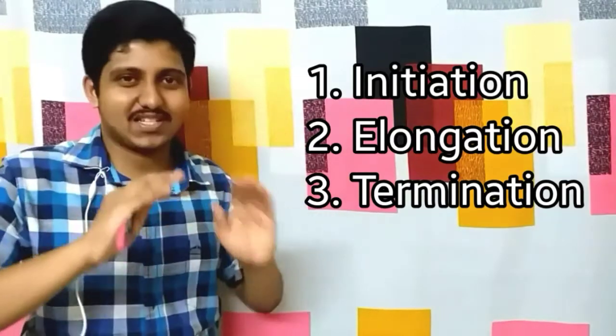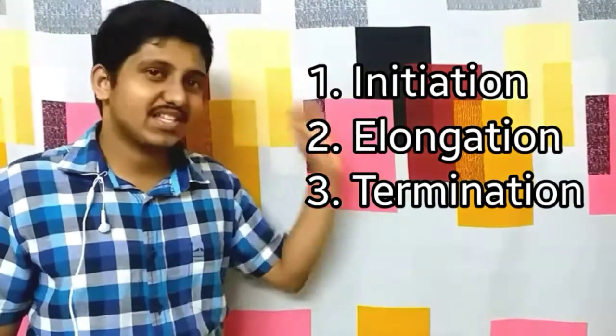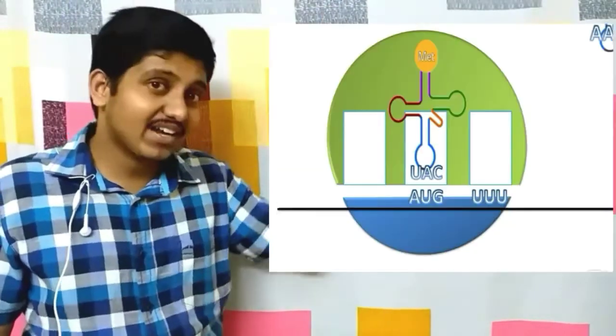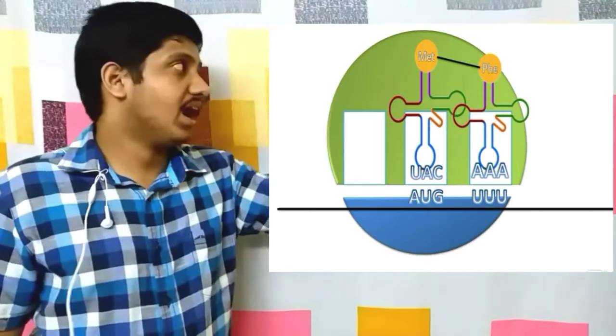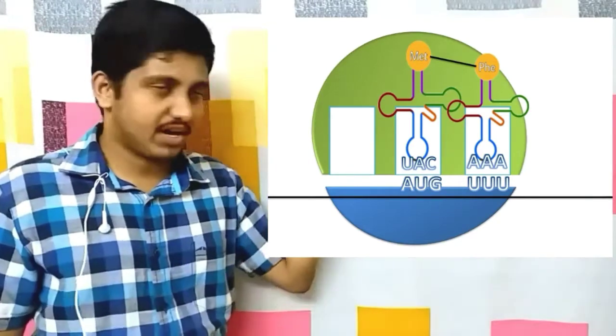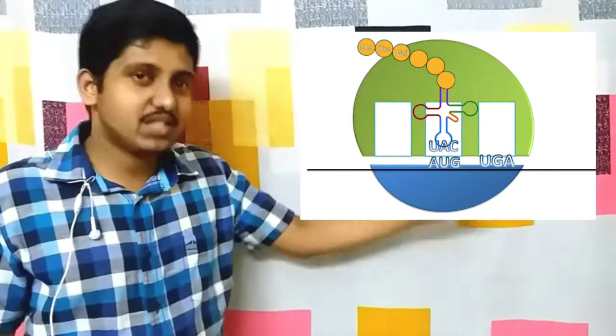The elongation or propagation phase is the process in which further codons are read and the corresponding tRNAs come and bind with the A site, and a peptide bond is formed between the two amino acids, the one in the P site and the one in the A site. And what is the termination phase? The termination phase is the phase in which the release factor binds to the site and releases the entire protein.